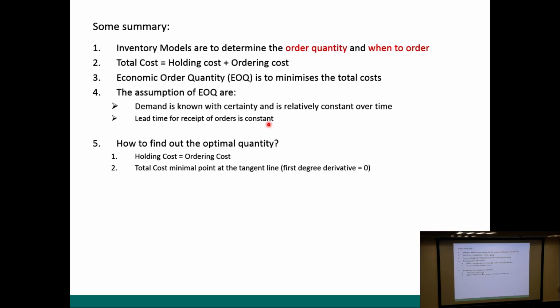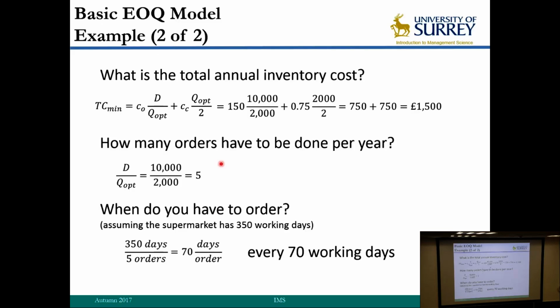You may have some test on this. This is the equation for calculating the ordering cost and carrying cost. Are they the same? Yes, they're the same. It's 750, and 2,000 is the optimal quantity we found. We substitute it into the equations for the ordering cost and carrying cost, and they should be the same.